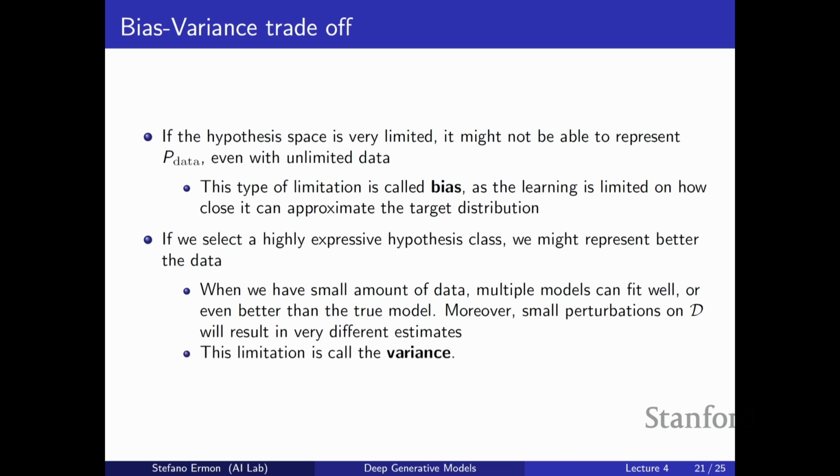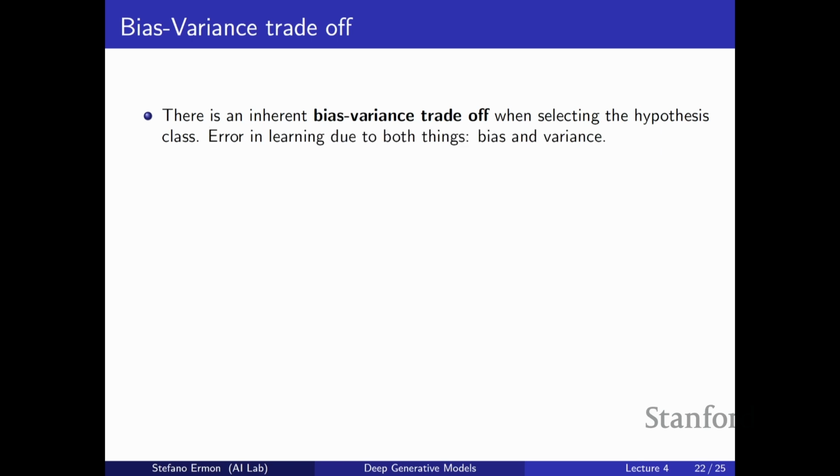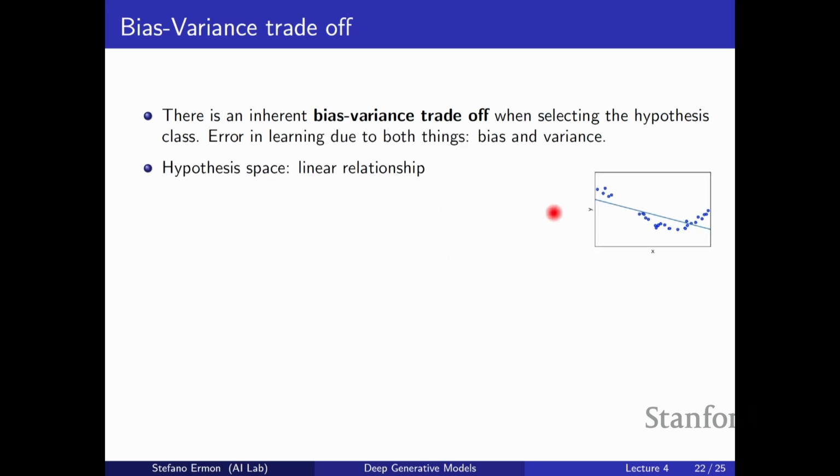Visually, I think this is an example. Let's say that you have a bunch of data points and you're trying to fit a curve, trying to predict y from x. If you choose a very simple space of possible relationships, like all linear models, you can do very well at fitting, but if the model class is too simple, you're not going to be able to capture the true trend in the data. And so the bias here will hurt you too much. So it underfits.